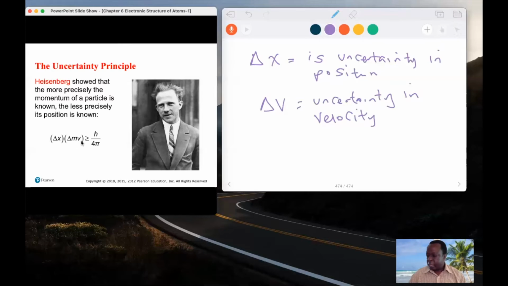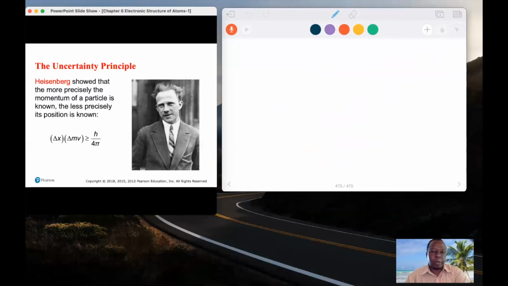Now, in the uncertainty principle, this is the same Planck constant we talked about. We use 4 pi, which is 3.14, and of course mass. The point is that we cannot tell the position of an electron and at the same time the speed at which it is revolving around the nucleus.